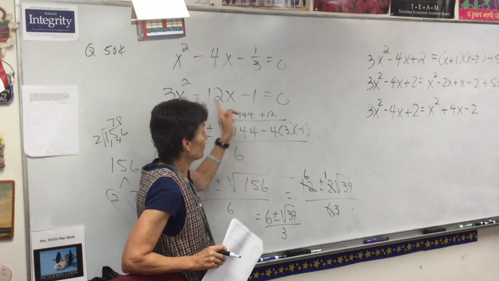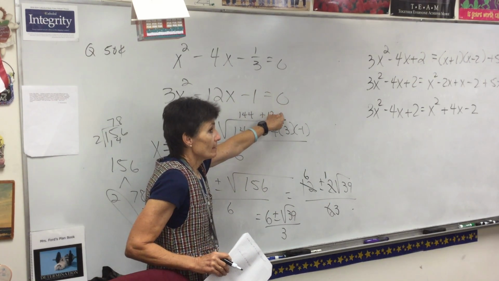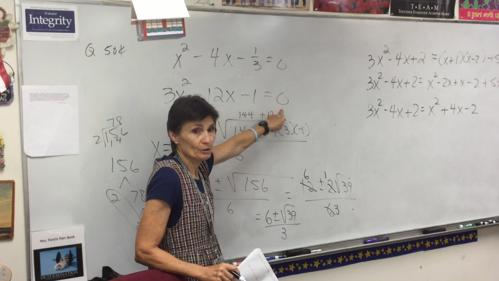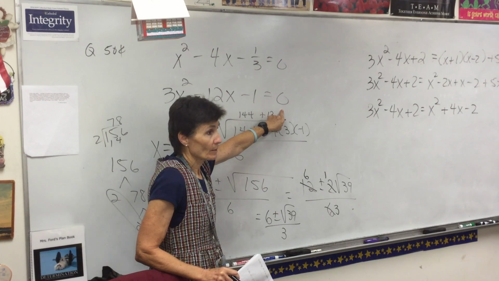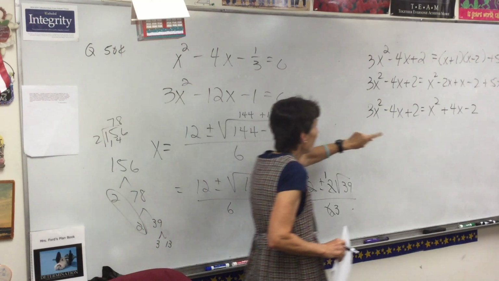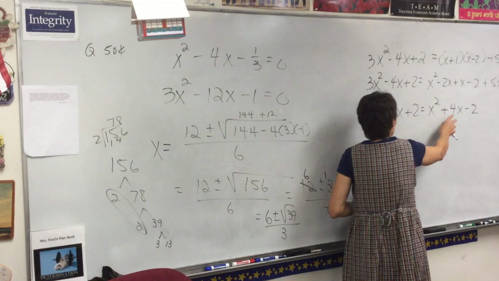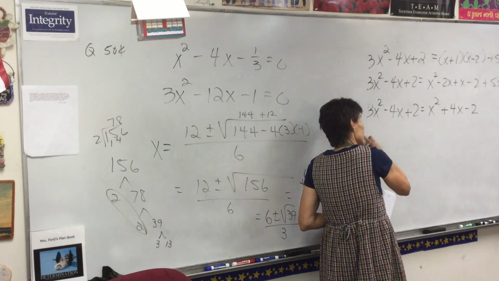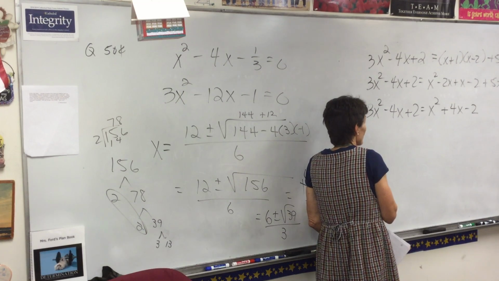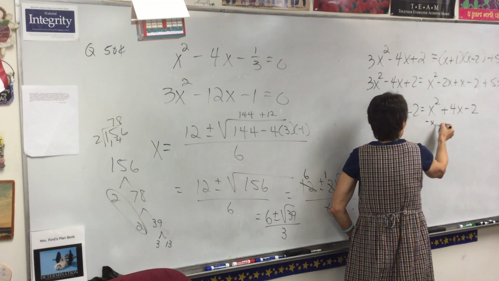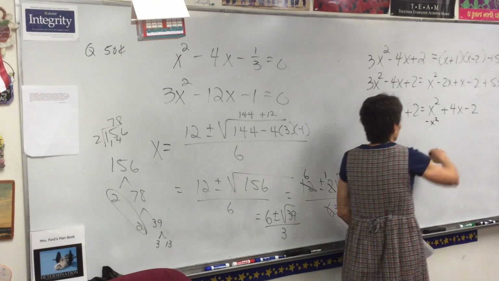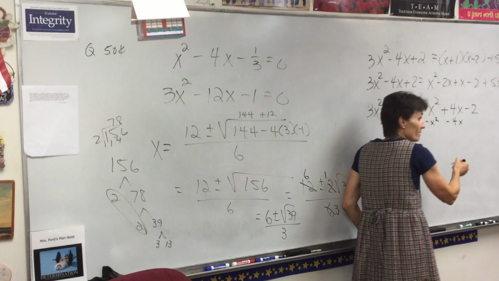Now, think about the one we just did. Before I could solve it, I had to have it set equal to 0. So I might want to think about moving this stuff over here, or this stuff over here, whichever way you want to go. So I'm going to subtract x squared. Now be careful. I'm going to subtract 4x, right?